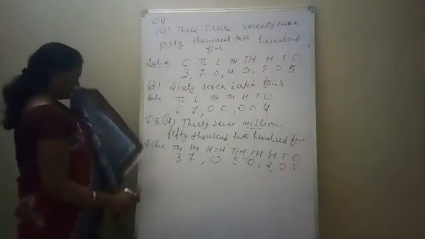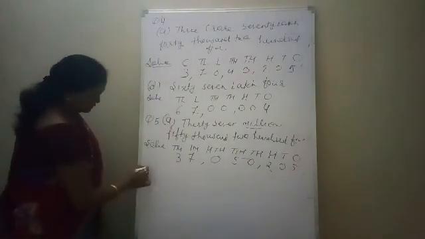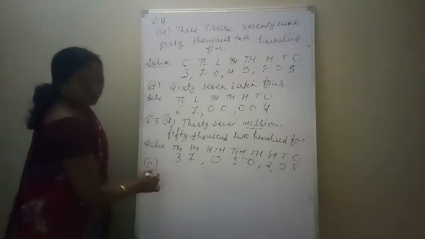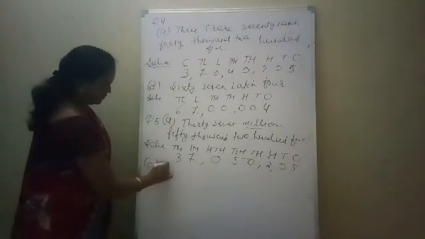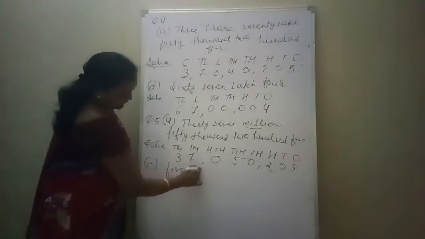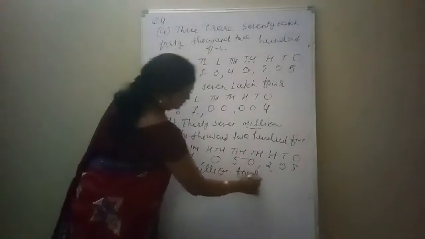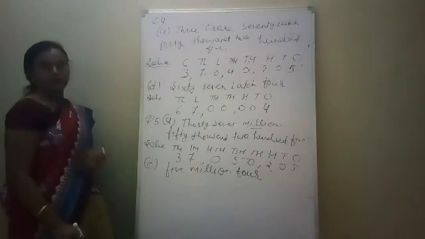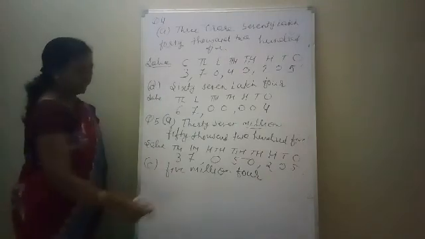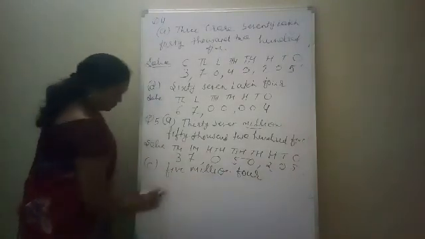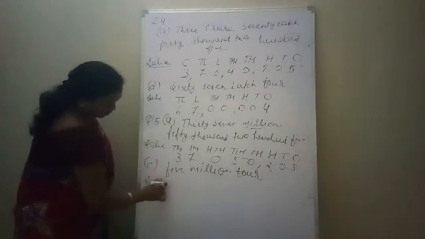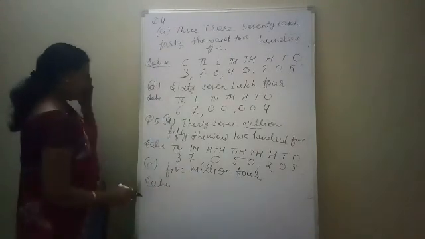Okay. Now one more, you see C number is 5,000,004. So here you write it down according to the international place value chart. 5 million is here.